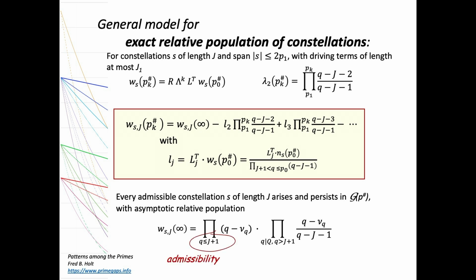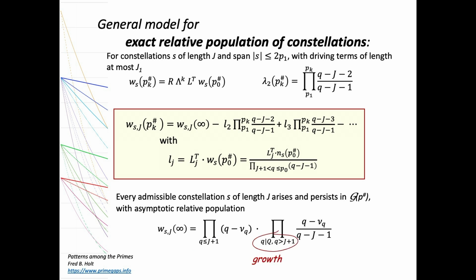That first product really enforces admissibility. Over that product, we have more fusions than we have copies replicated in step R2. And so in order for a constellation to be admissible and to survive, we need the fusions to double up and leave at least one copy, spare a copy for the next cycle.